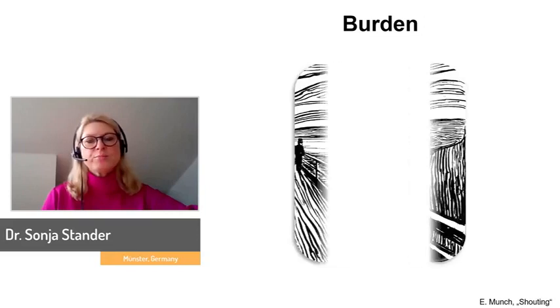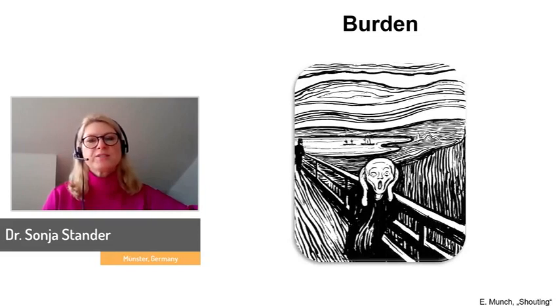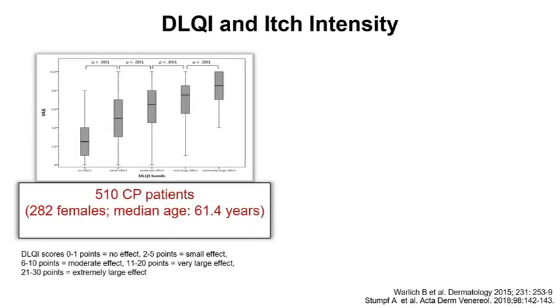So let's talk about the burden of chronic pruritus, coming back to the clinics. One instrument to assess impairment of quality of life is the Dermatology Life Quality Index. And this was done here in over 500 patients. You see analyzed by the DLQI bands, meaning no effect, small, moderate, very large, and extremely large effect on the quality of life.